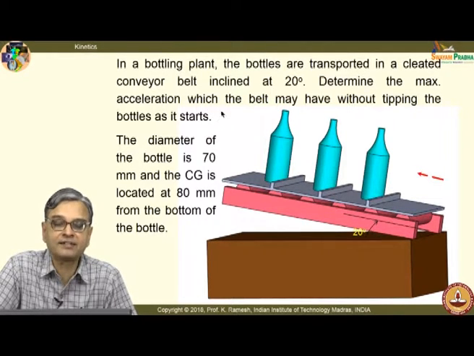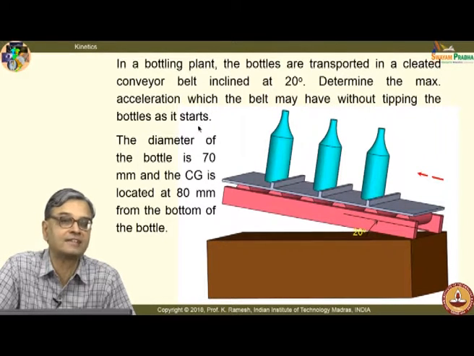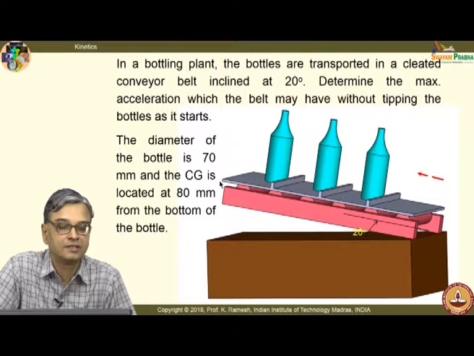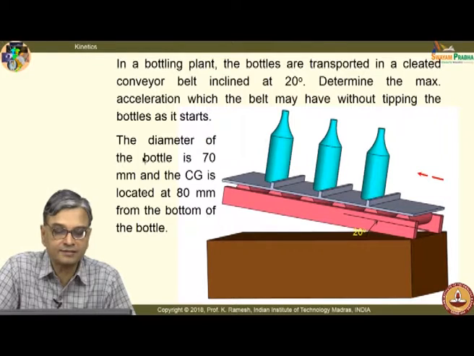Determine the maximum acceleration which the belt may have without tipping the bottles as it starts. You have some geometric details of the bottles. It says 70 millimeter, and the CG is located at 80 millimeter from the bottom of the bottle, and this is oriented at an angle of 20 degrees.